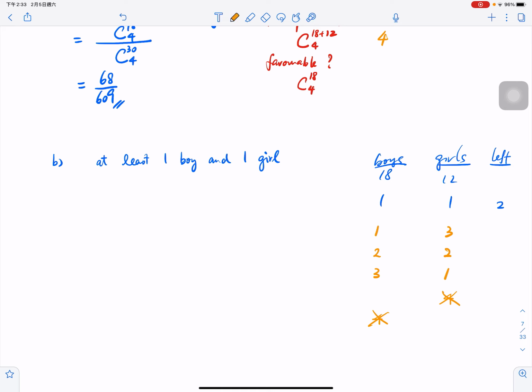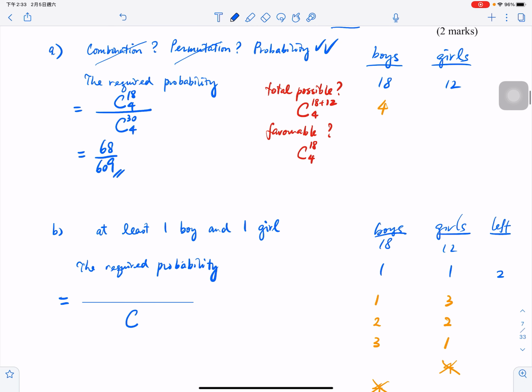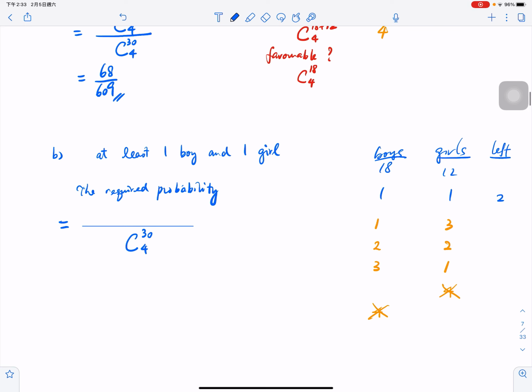So how to do it? At least 1 boy and 1 girl, then the required probability, maybe you found that the total possible outcome still is 30C4, right?